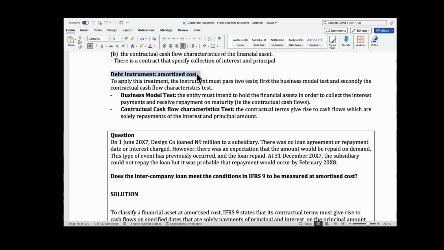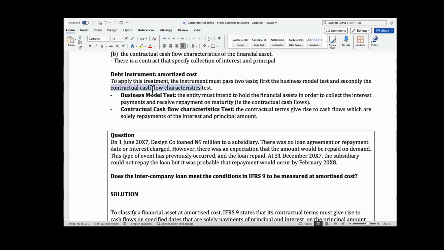Now, if you want to classify at amortized cost, again, the basis is these two tests that I mentioned earlier on: business model test and the contractual cash flow characteristics test.